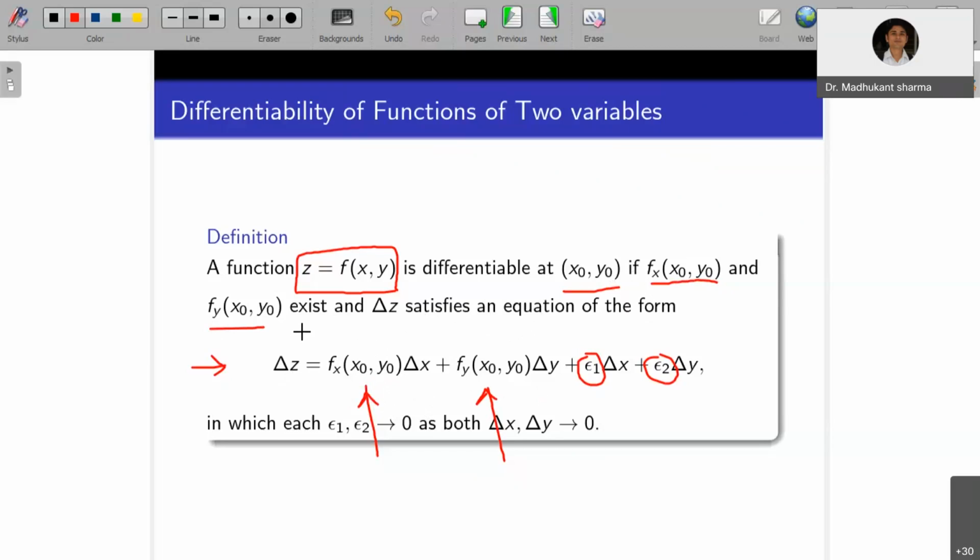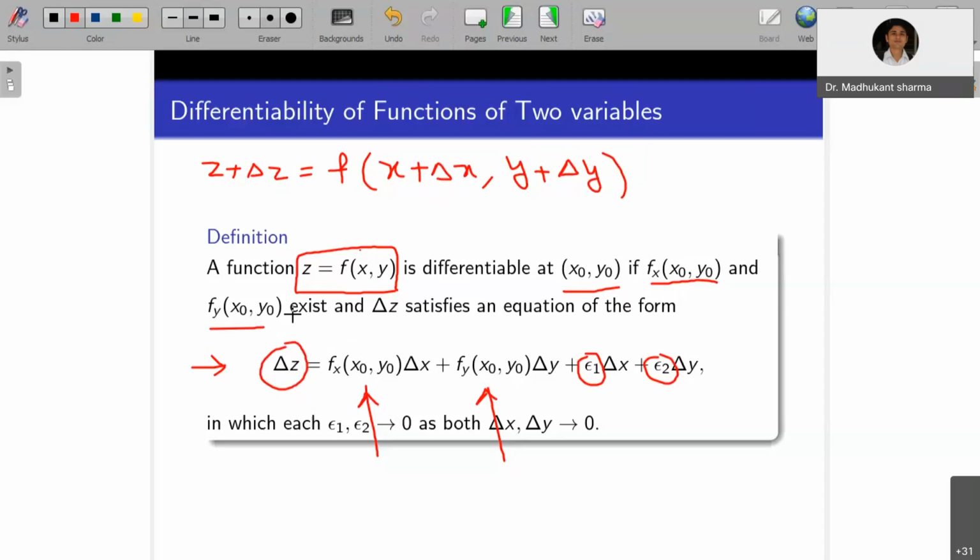The gist of this definition is this: z equals f of x, y, and z plus delta z equals f of x plus delta x, y plus delta y, since you are incrementing in both directions. Then you take the difference, which gives delta z as the left side.